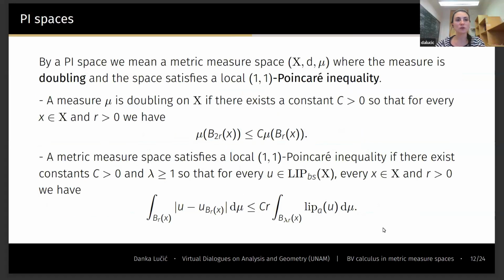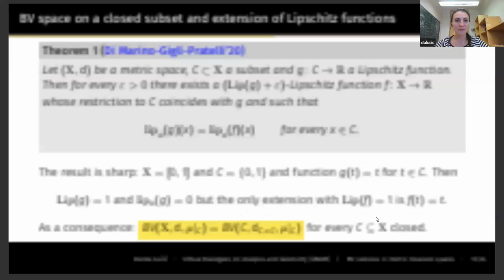Just briefly to recall, by PI space I mean a metric measure space where the measure has a doubling property and which satisfies a local 1-1 Poincaré inequality. We are going to work in general metric measure spaces without any assumptions, but given that in PI spaces sometimes we have something better, I will mention them from time to time, so just to remind you what they are.